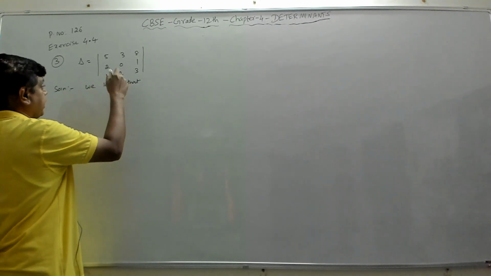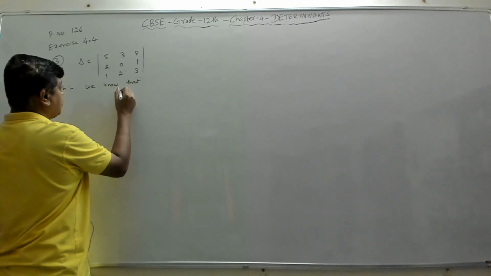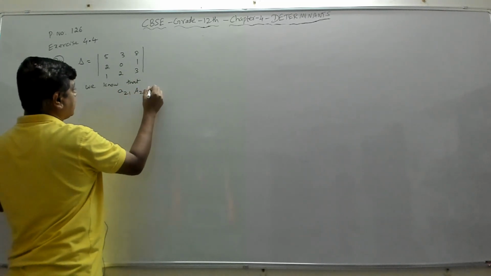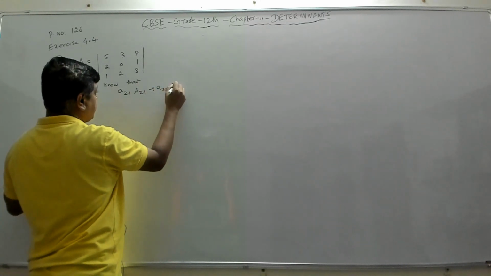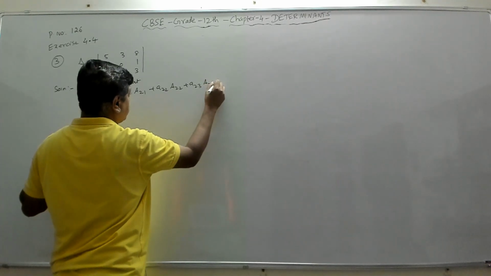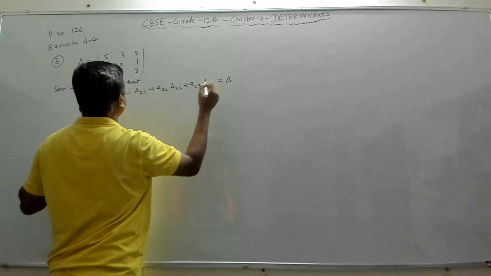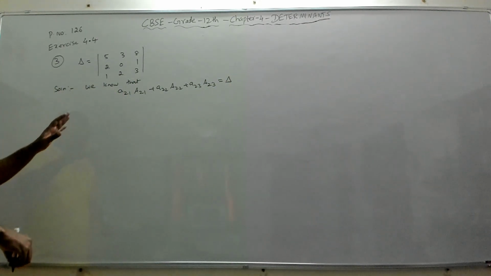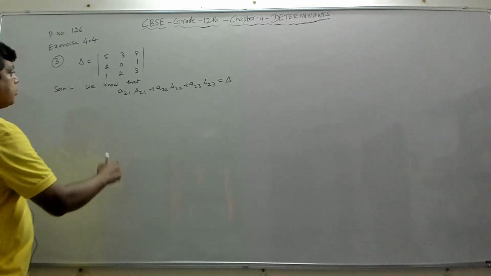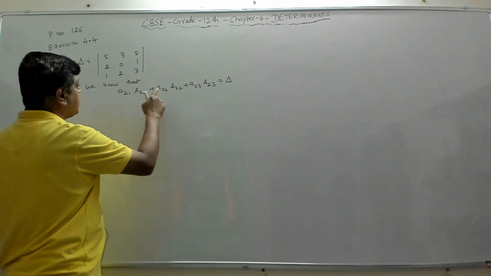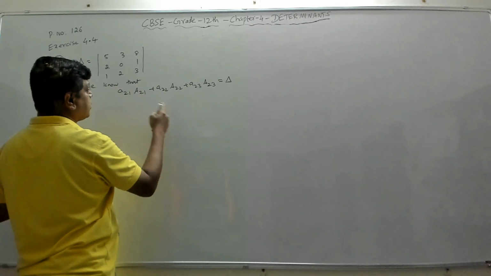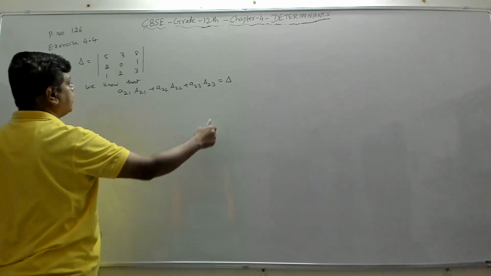We know that the second row elements, which are a21 into capital A21 plus a22 into capital A22 plus a23 into capital A23, that will be equal to the value of the determinant delta. This we know from the remarks which we had studied in the previous video. So if you multiply the elements of a row with its corresponding cofactors and then add them all, you will get the value of the determinant.